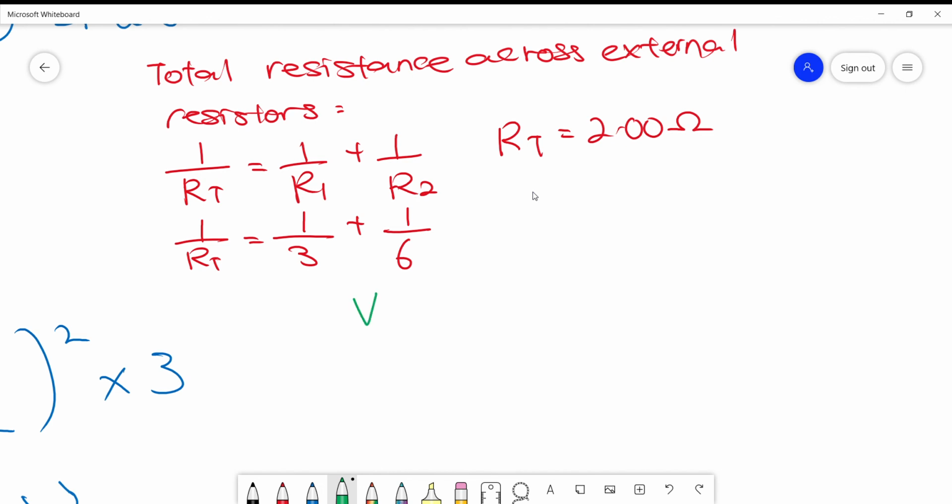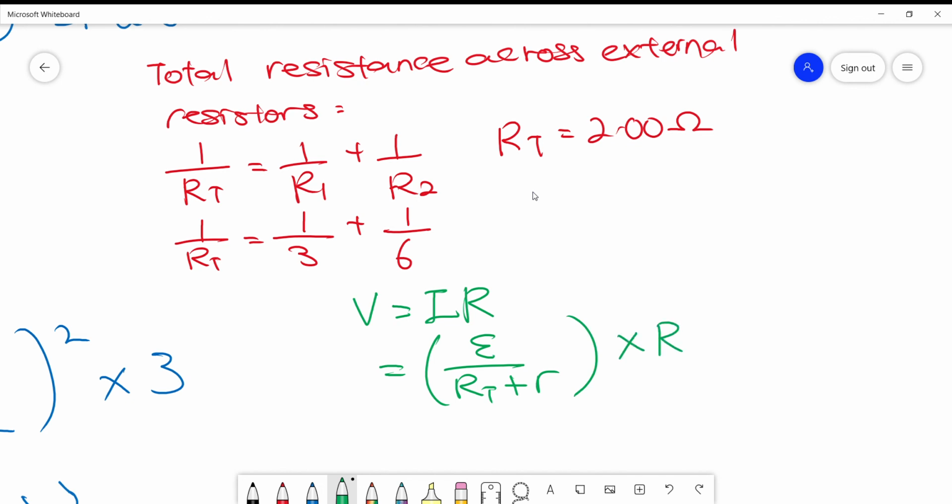So V equals IR, where I is E divided by RT plus r, times RT.